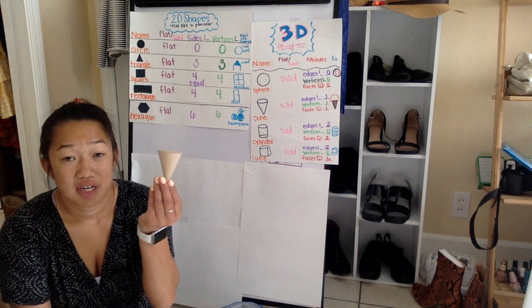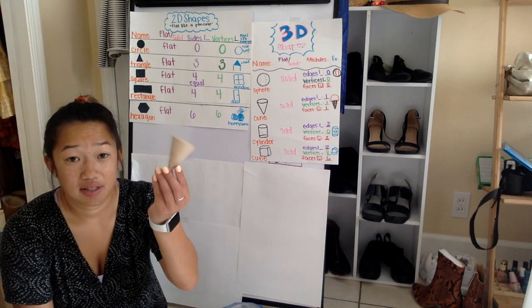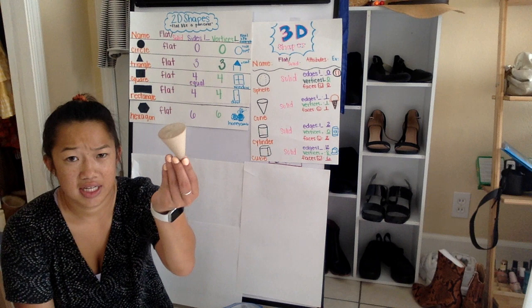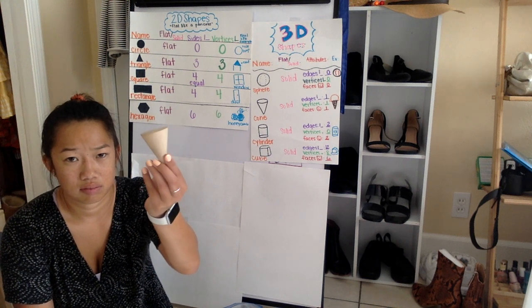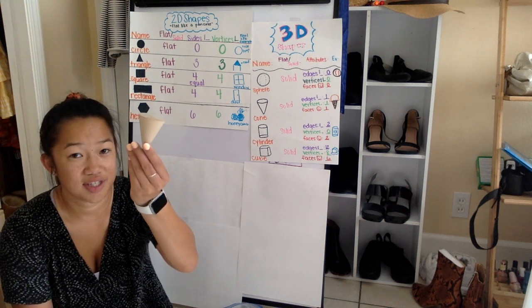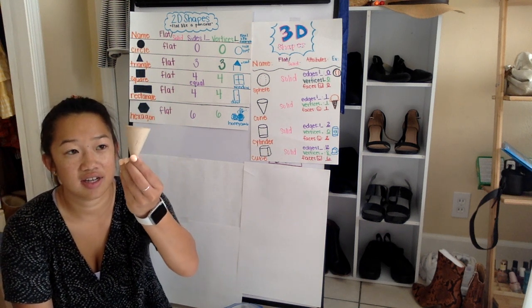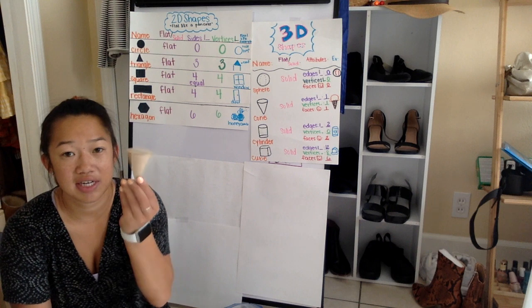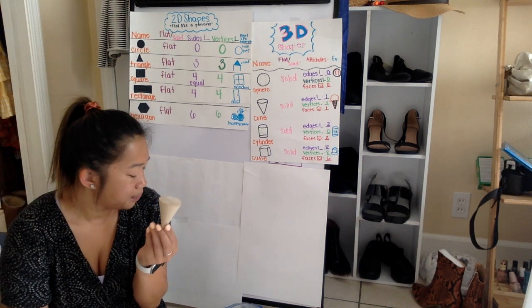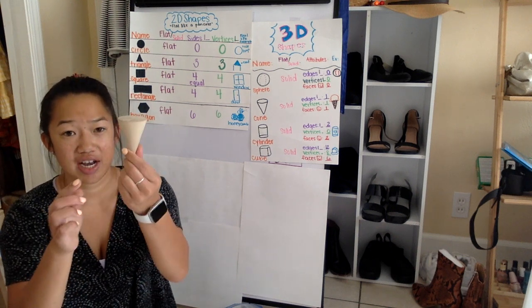All right, so let me grab mine here. Boys and girls, since this is a 3D shape, do you think our cone is flat, like a pancake, or solid? Does it look like you could squish it flat? No, it is, what's the word? Solid, you're right. So we have a cone here and it's solid. Let's think about our attributes. So the first one is an edge. So we actually have one.